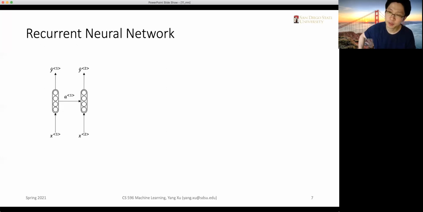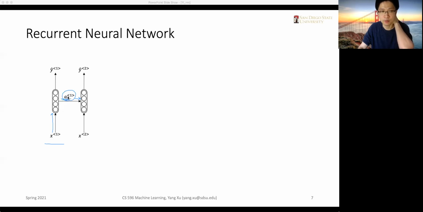The difference from a regular neural network is that, in the prediction of the second output, for the second input, we will take the activation from the previous time step as input for the current time step. Because in time step 1, when x1 is taken as input, it computes some internal hidden activations.